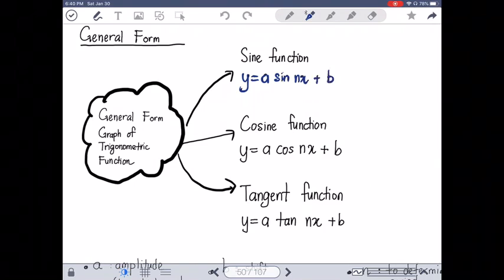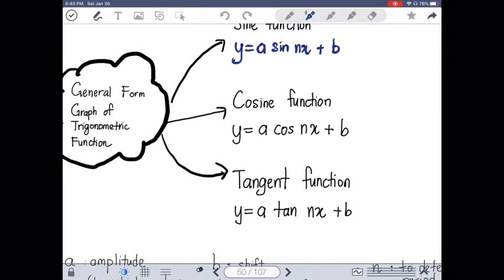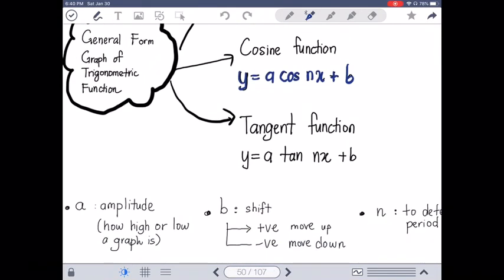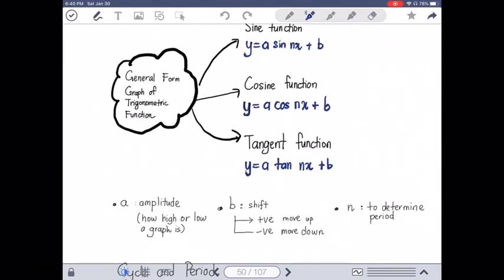That is the general form. For the cosine function, we have y equals a cos nx plus b. And for the tangent function, we have y equals a tan nx plus b.